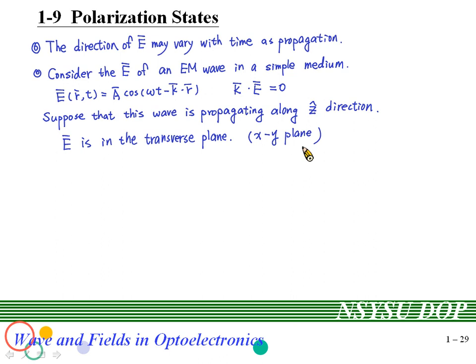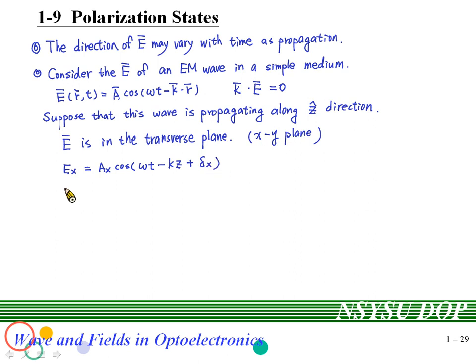So we can write the E field in the following form. Since the E field is in the XY plane, it may have two components, that is the x component and the y component. So we express the x component in this way: E sub x equals A sub x times cosine of omega t minus kz, this is the duration of the wave, plus the constant phase delta x.